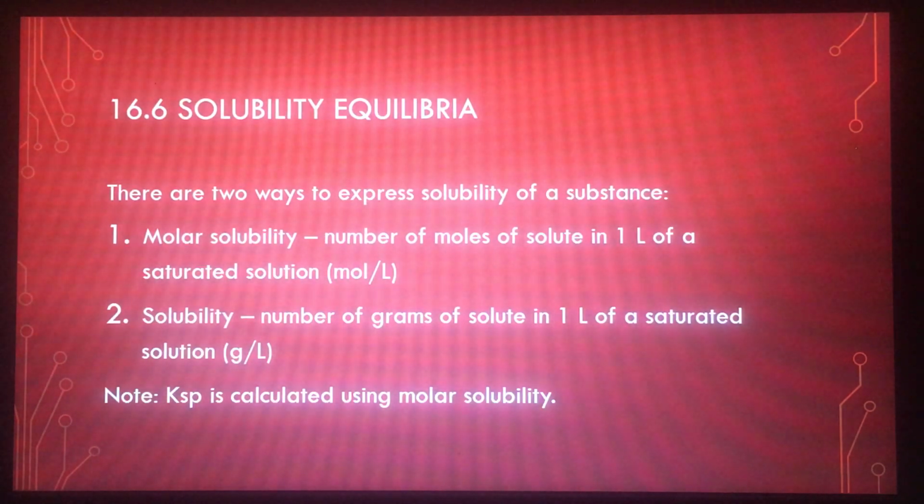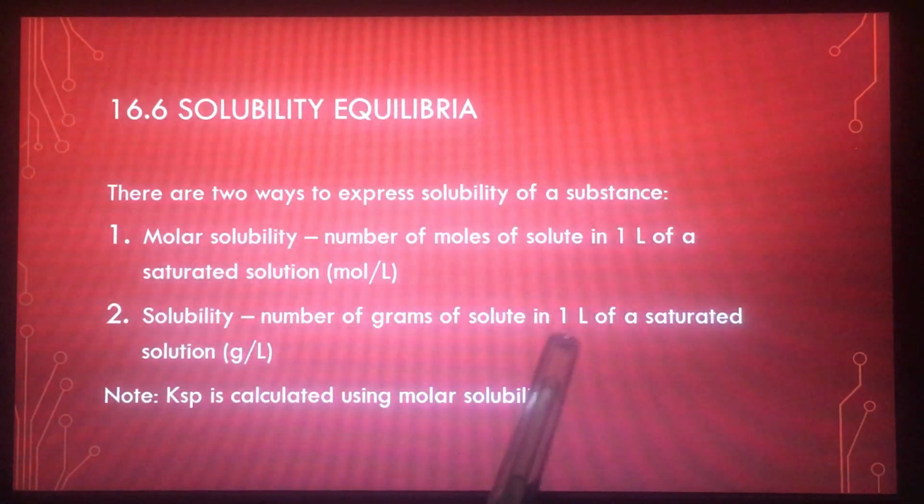And then the next is solubility, wherein we have the grams per 1 liter of a saturated solution. So take note that in getting this solubility, we have a saturated solution of the solid. That means when we have a saturated solution, we have the maximum amount of the solid that can be dissolved in that given volume. So here we have both 1 liter.